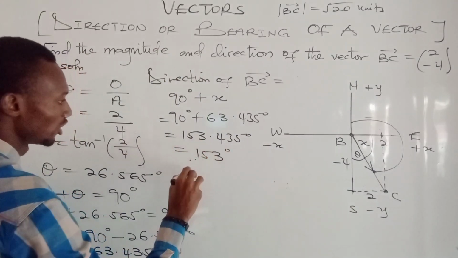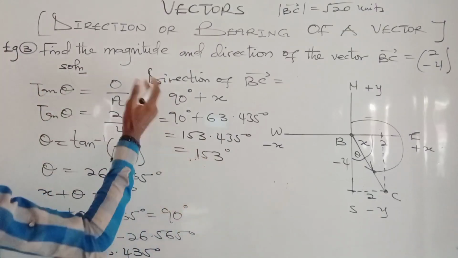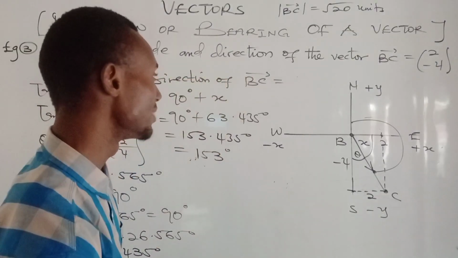I hope you understand and you agree with me up to this point. So this is the direction of the vector BC.